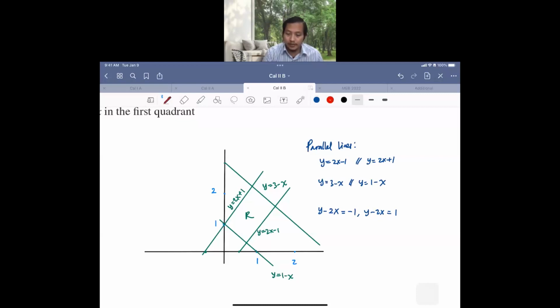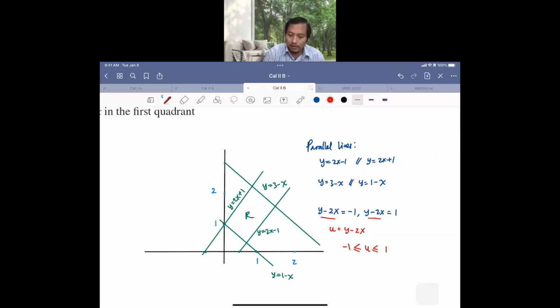If we let this y minus 2x become our new variable u, we can map this from negative 1 to 1, right? We can have a rectangular shape.